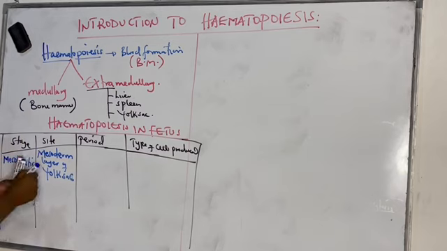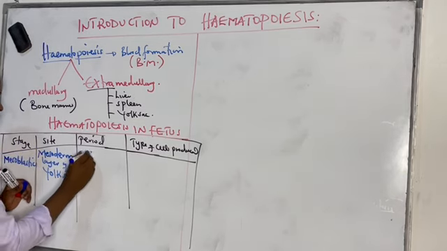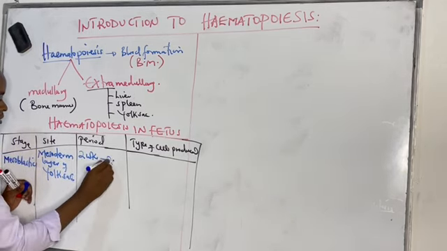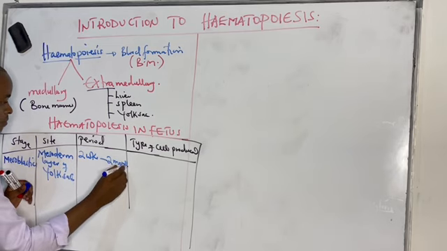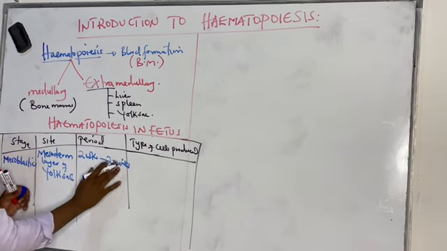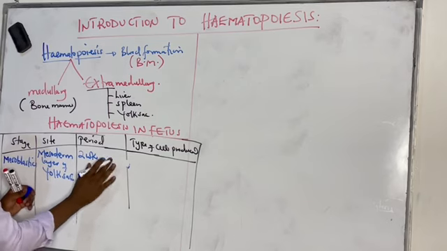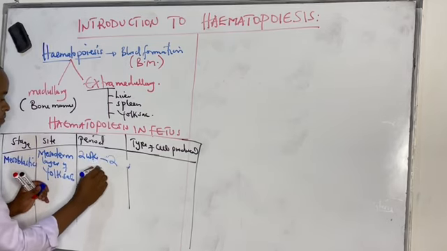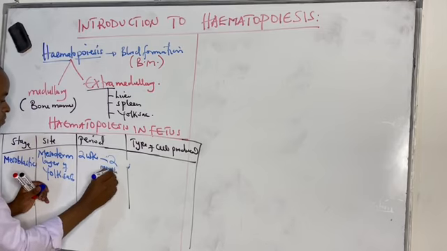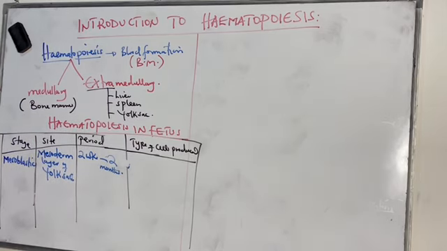So it starts at 2 weeks and goes up to 2 months, from 2 weeks up to 2 months. It occurs in the mesoderm layer of the yolk sac.